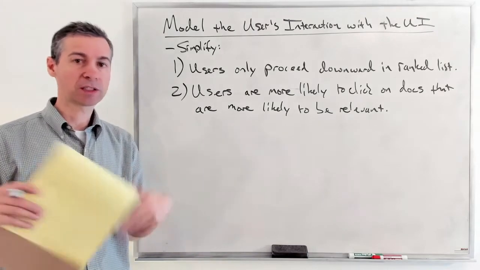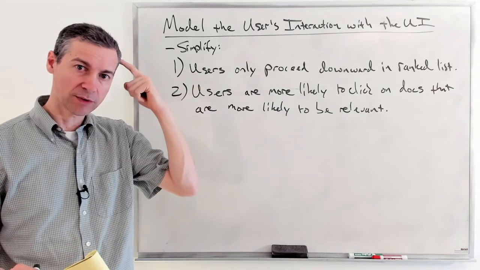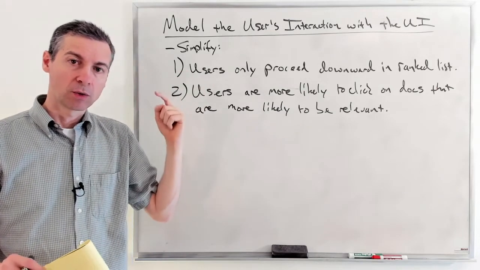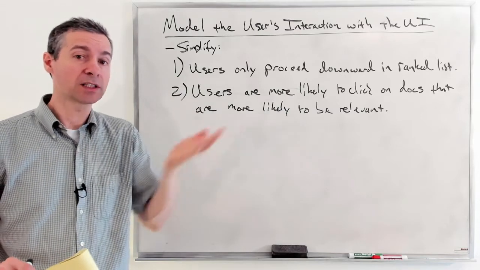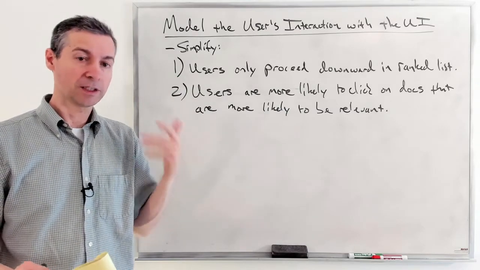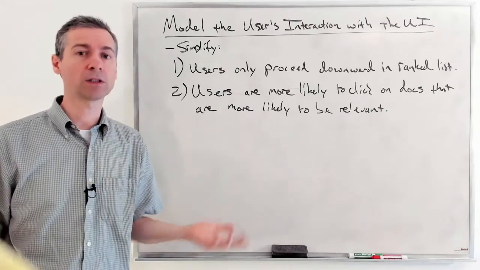We can never be entirely sure. Now, if we could have a probe inside of a user's brain and see, oh, the user thinks that's relevant, well, they're going to click on it. And, oh, I think that's not relevant. Well, they're not going to click on it. We would remove all uncertainty.